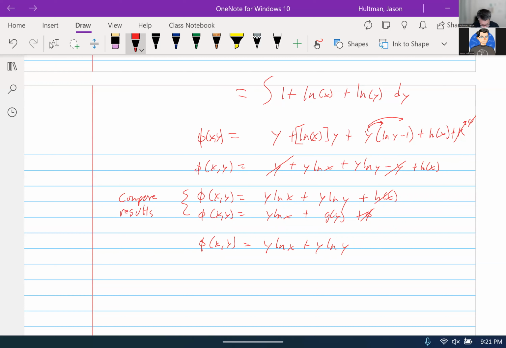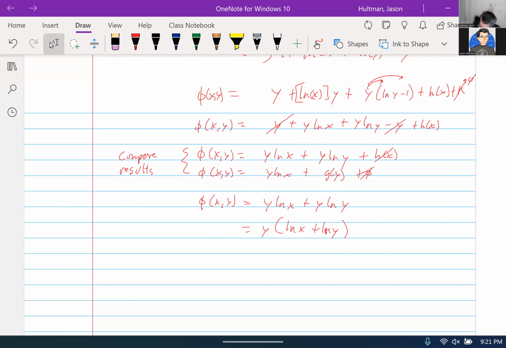I could factor out the y, and I would get natural log of x plus natural log of y, and then I could combine that using the property of natural logs. That's y natural log of xy. So phi of xy equals y natural log of xy.